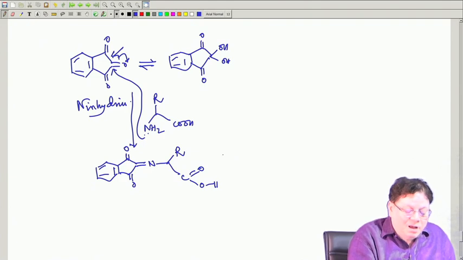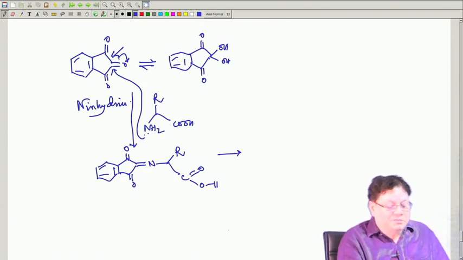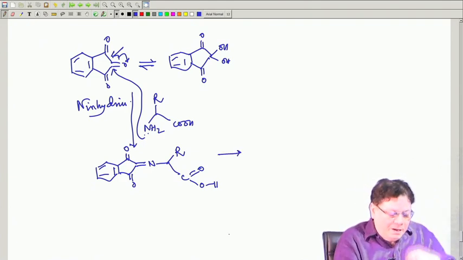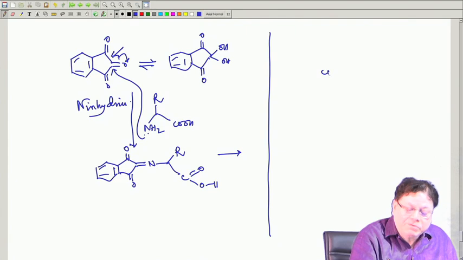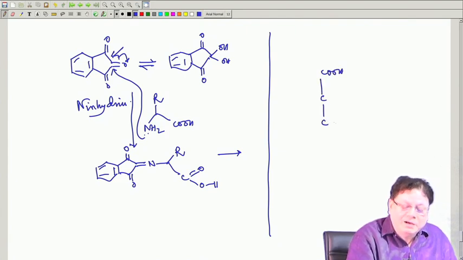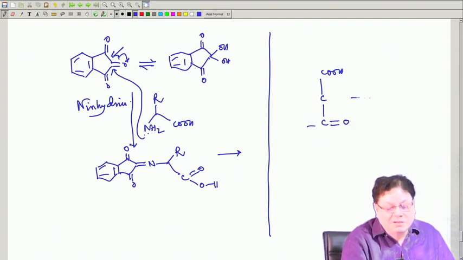However, this is not very stable. This is a very basic concept from organic chemistry: if you have a carboxy group, COOH, then a carbon, and then an electron withdrawing group like a carbonyl, then what happens? It loses carbon dioxide very easily.